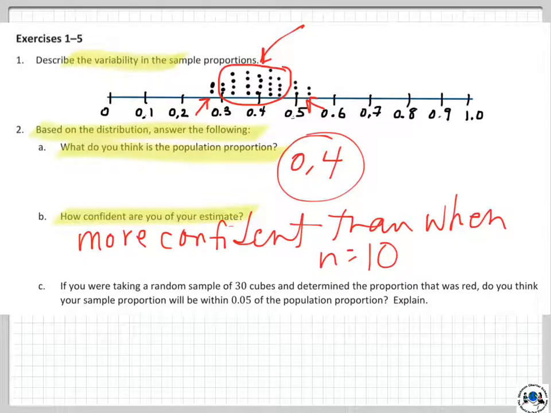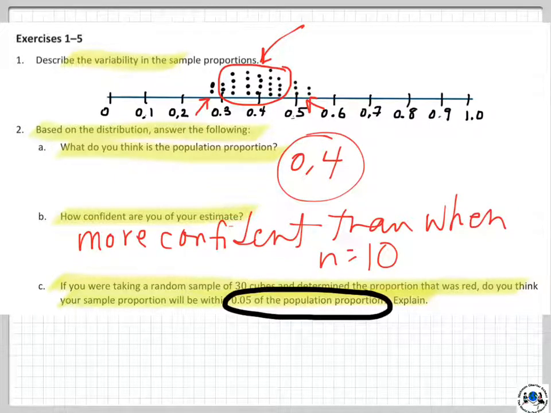And this last question here asks, if you were taking a random sample of 30 cubes and determine the proportion that was red, do you think your sample proportion will be within 0.05 of the population proportion? Okay, and what does that 0.05 mean? Well, that means, of course, 5%, right?